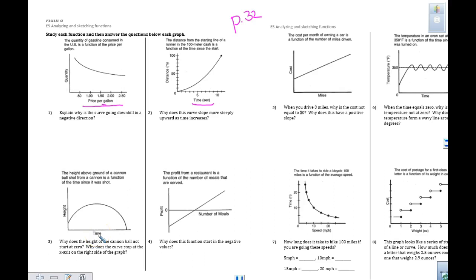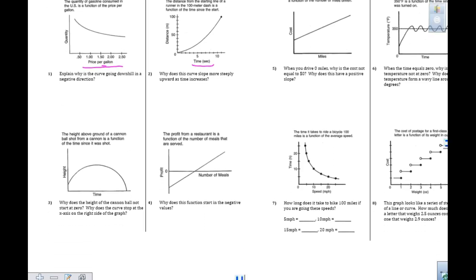I have some people who, when they look at number 7, are not sure how to figure this out. But the key thing up here is this is one piece of information. When we read it, it says, the time it takes to ride a bicycle 100 miles is a function of average speed. So we know that we are going 100 miles, right?